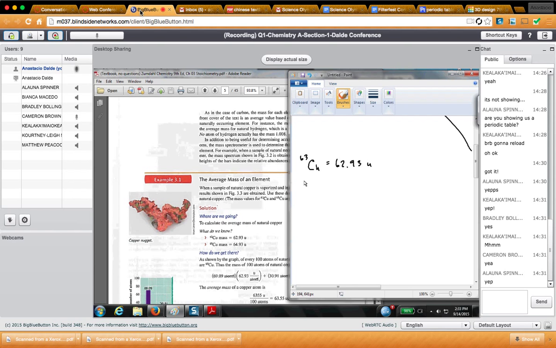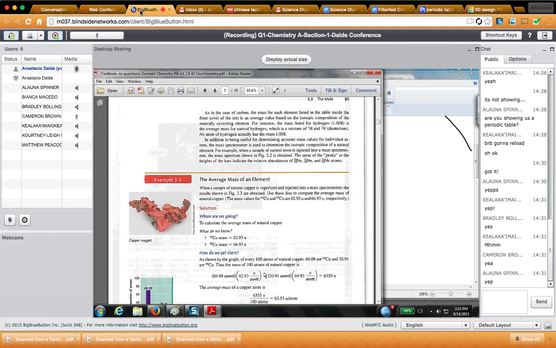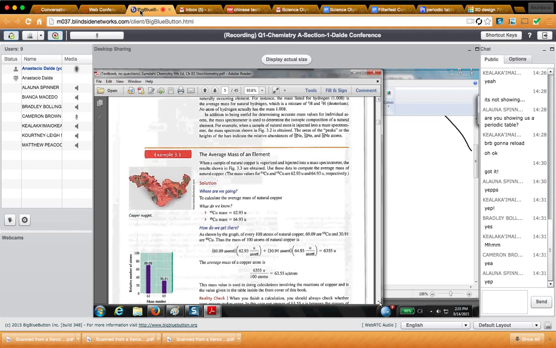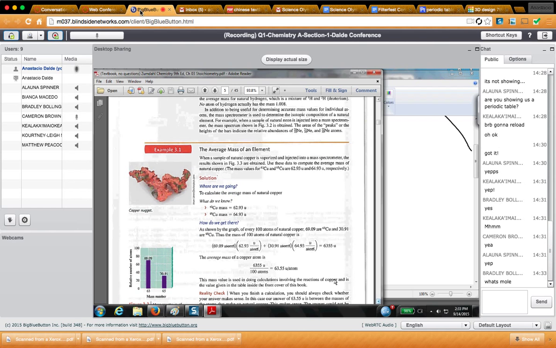And copper 65 is equal to 64.93 atomic mass units, as shown by the graph. All right. Oh, I see. They want us to take a look at this figure.